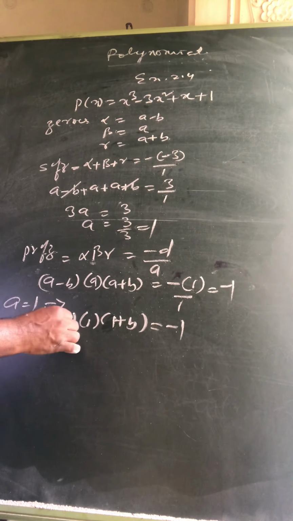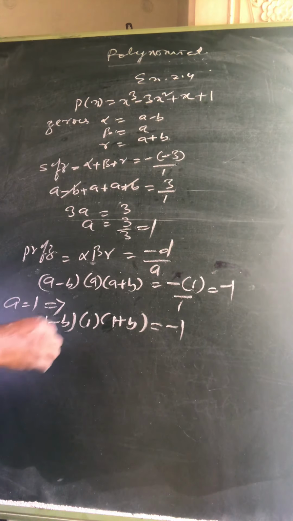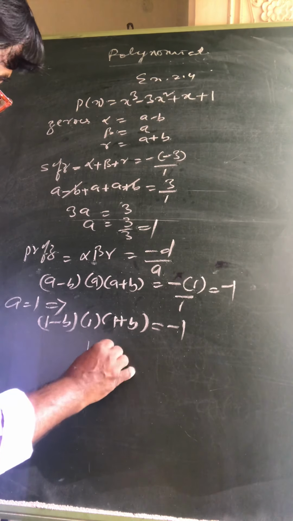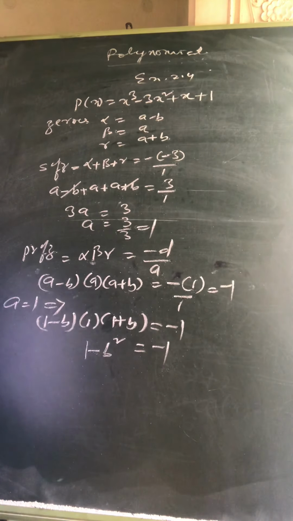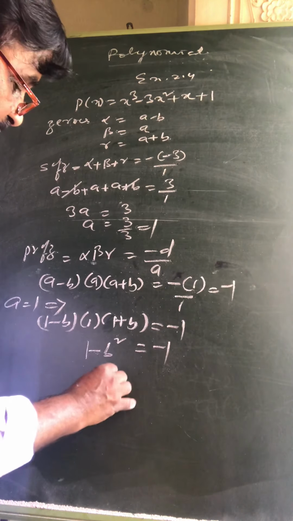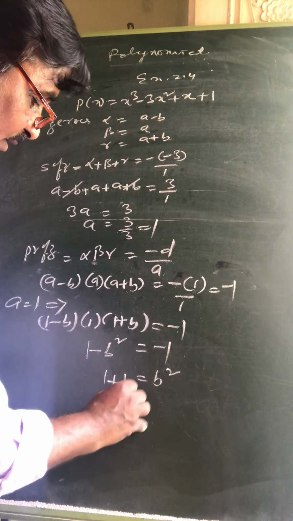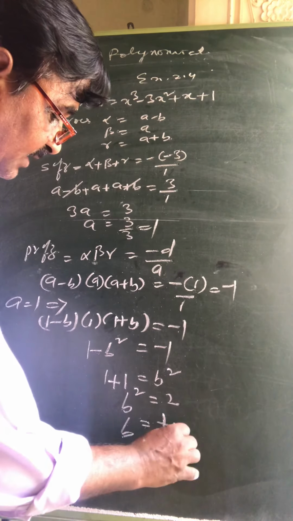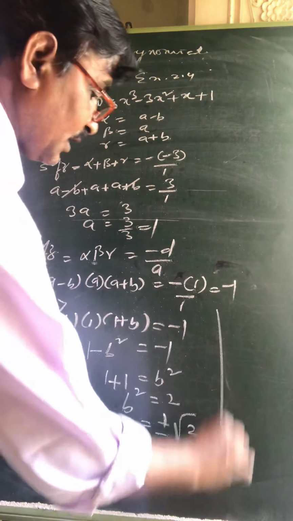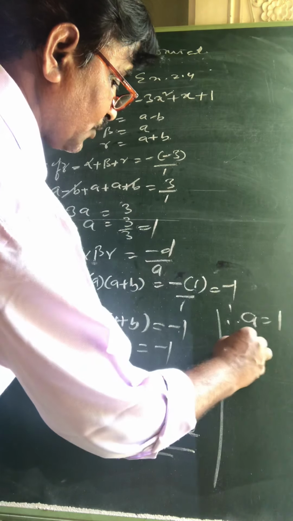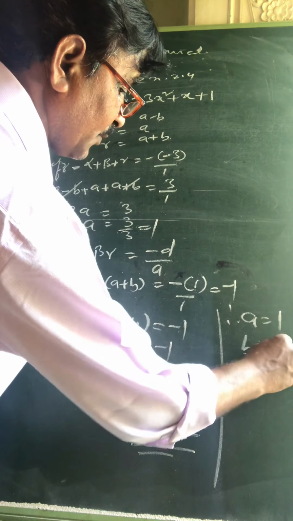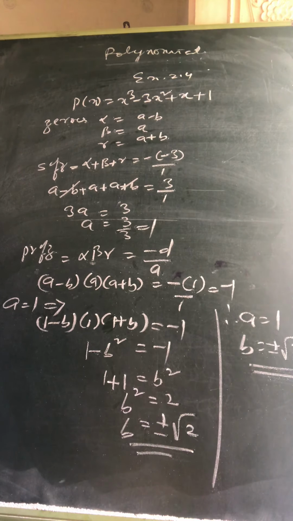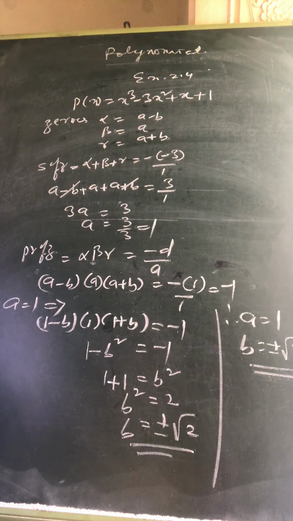That is 1 square minus b square, that is 1 minus b square, equal to minus 1. Now 1 plus 1 is equal to b square, so b square is equal to 2 and b is equal to plus or minus root 2. Therefore the value of a is 1 and the value of b is plus or minus root 2. This is the problem where we are finding the values of a and b.